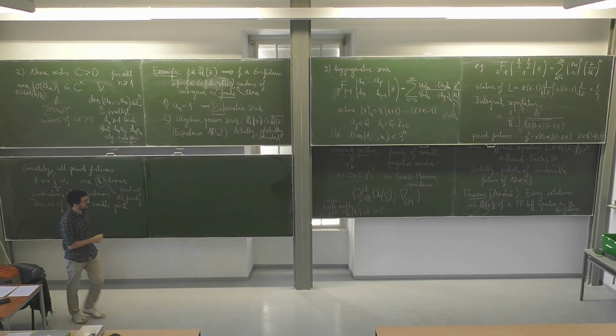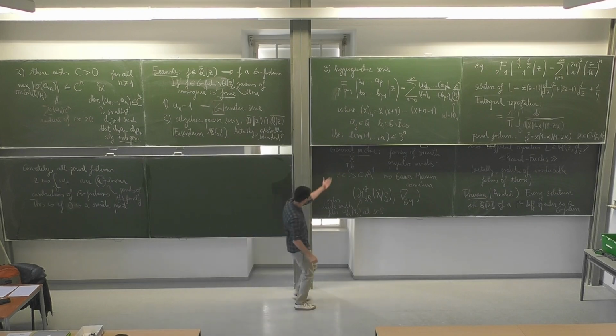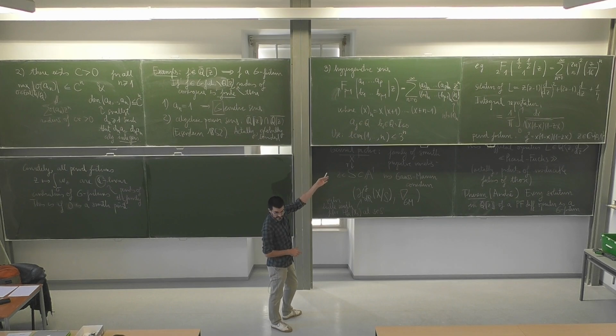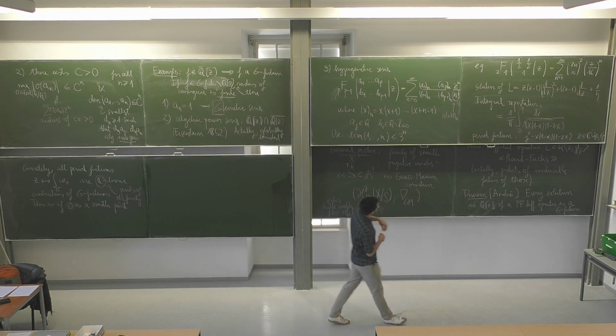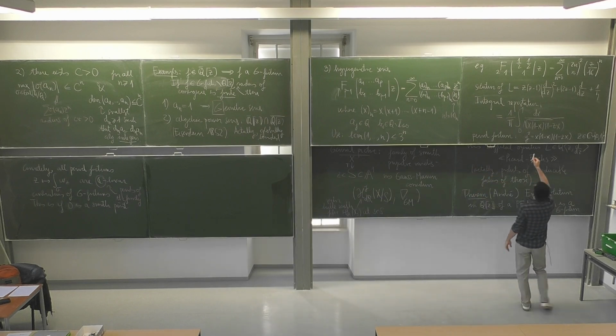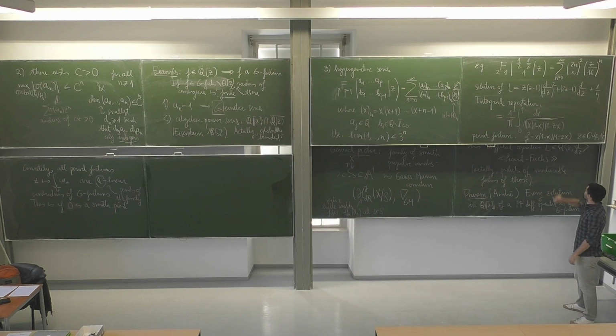It means really the fiber at 0 is a smooth projective variety as well, or the differential equation does not have a singularity at 0. But this is not what happens in general. We already see in this example, 0 is a singularity.